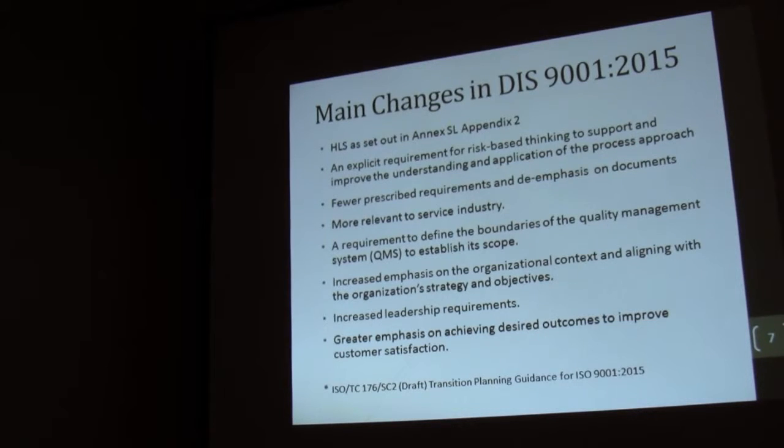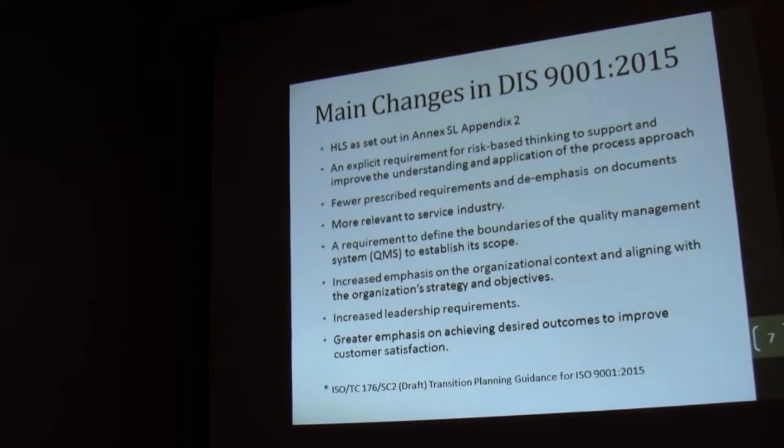There's fewer prescribed requirements and a de-emphasis on documents. The prescribed requirements are that they're no longer saying you have a procedure and giving you requirements for a procedure. They're not doing that anymore. They don't want to tell you what procedures you have to have.